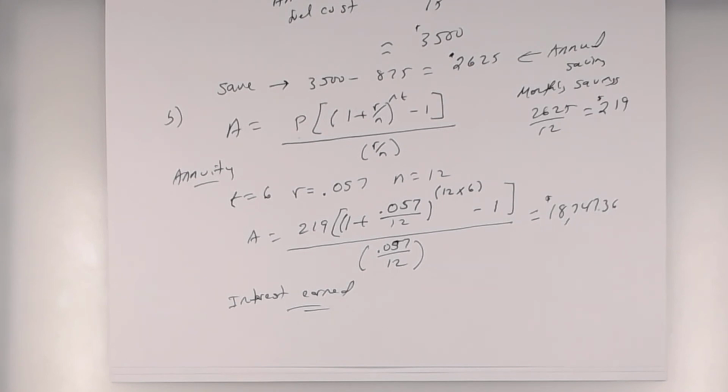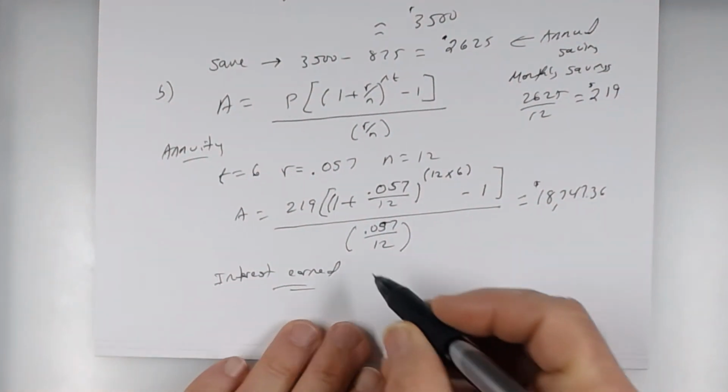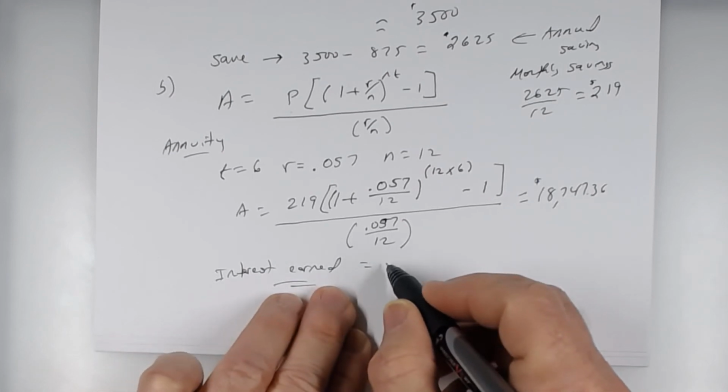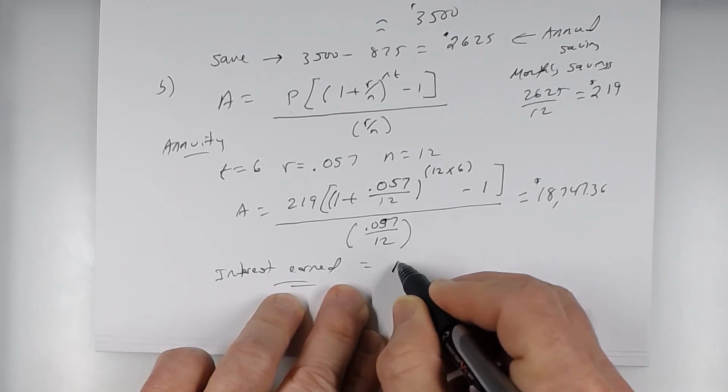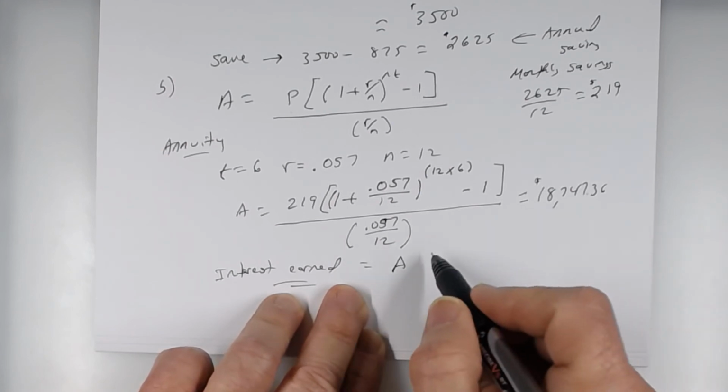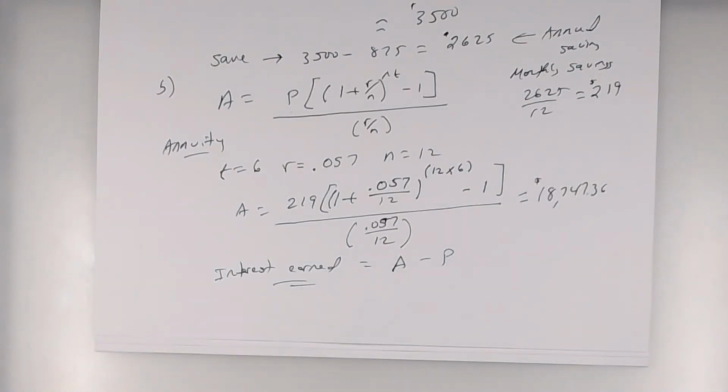219 multiplied by however many months. Okay, 219 times however many months. All right, let's go with that. So the interest earned would be the future value, which is this, minus P, the amount that you invested.